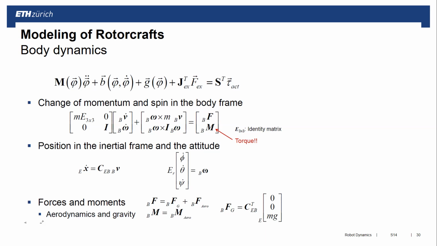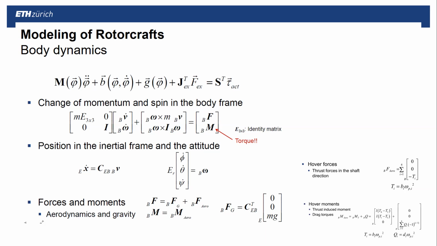We describe this, and then we have all the external forces and moments, which are coming from the gravity acting on our system and from the aerodynamics acting on these systems. Gravity is clear where this comes from, and then for the aerodynamic forces, we looked at thrust forces, and we looked at some of the drag-induced torques.